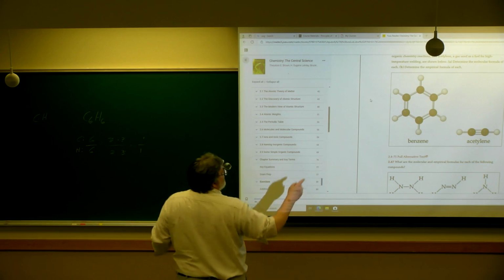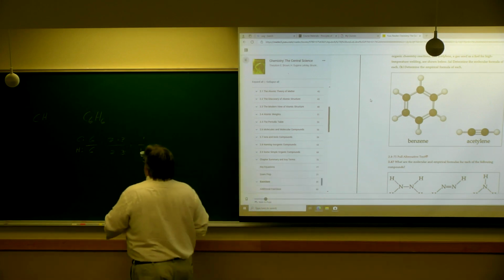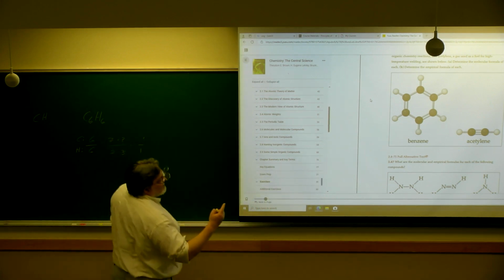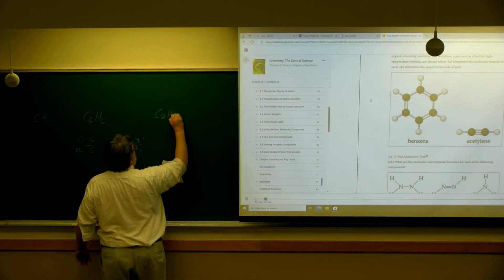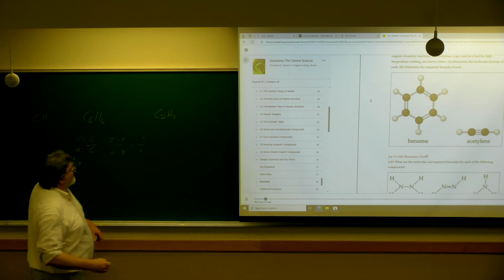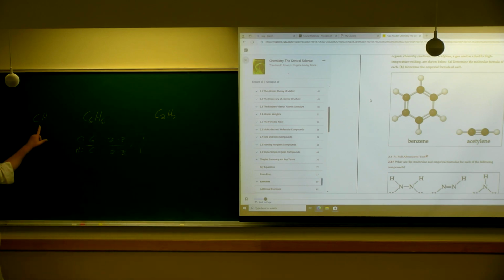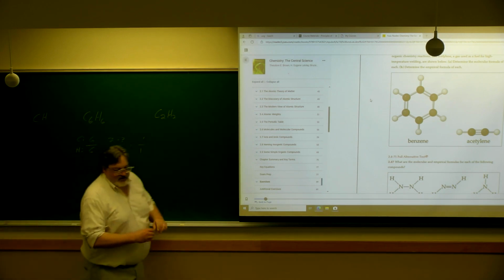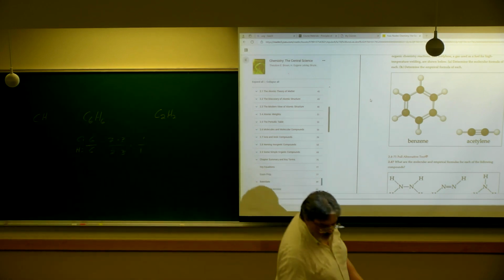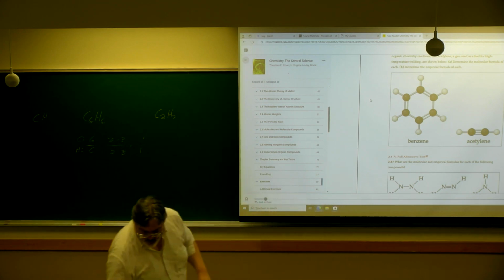And I guess the whole reason they wanted to use this as an example is, here's acetylene. But just like the example I showed you before, that's going to have the same empirical formula. So the numbers in the empirical formulas are just showing you a ratio of atoms to atoms.